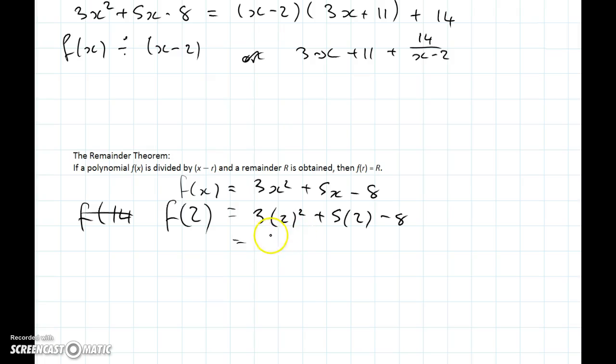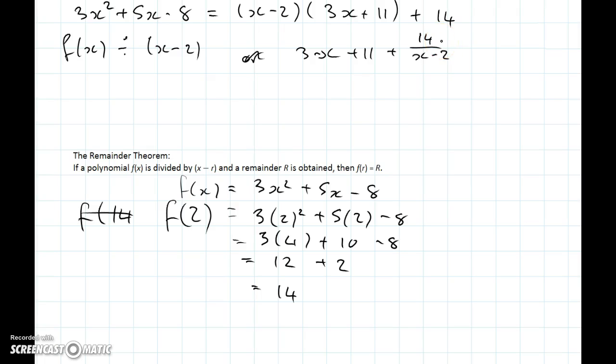2 squared is 4. So 3 times 4 is 12, plus 5 times 2 is 10, minus 8. 10 minus 8 is 2. When I substitute 2 into here, I get 14, which was my remainder.